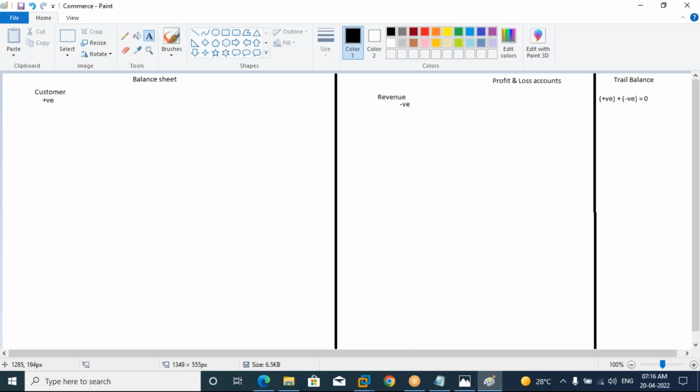Understood? Here you have entered a positive amount, here you have entered a negative amount, and the total should be 0.